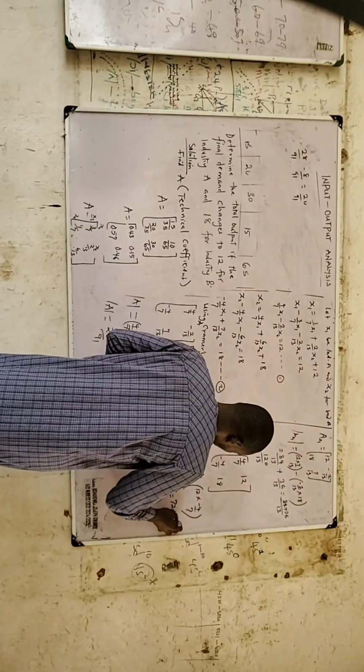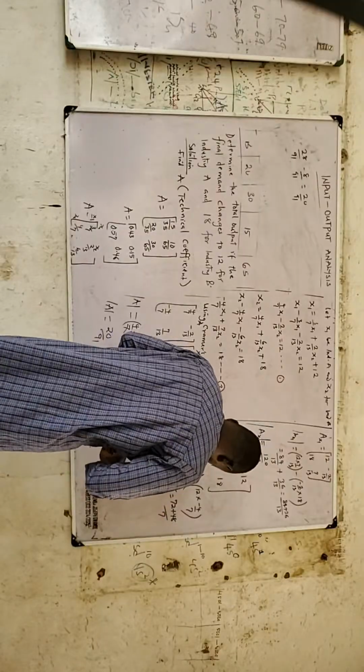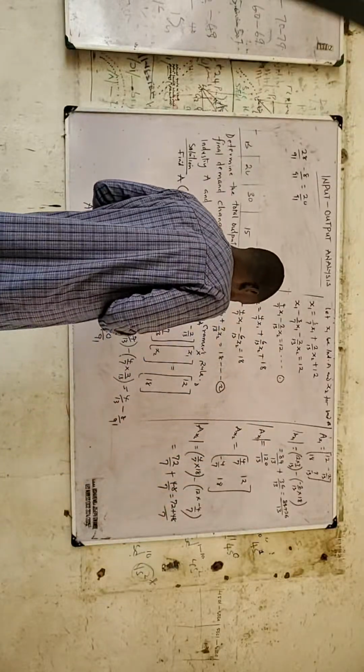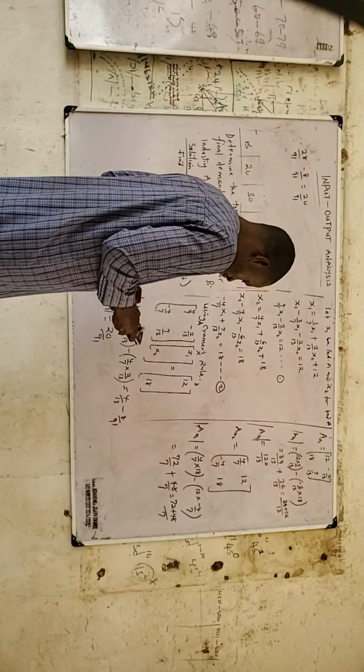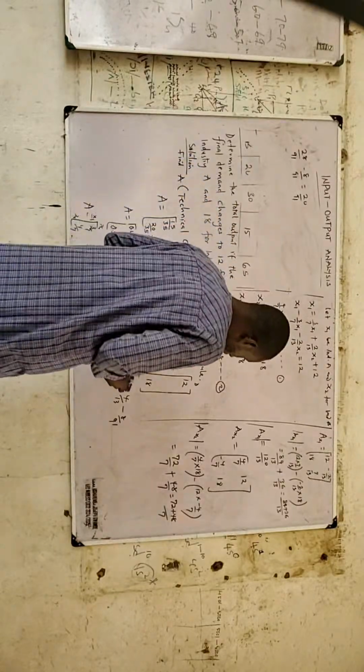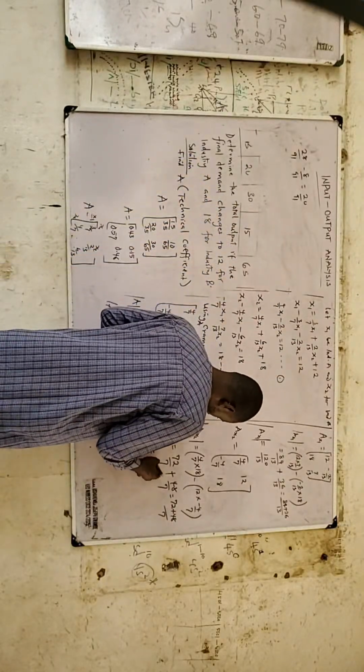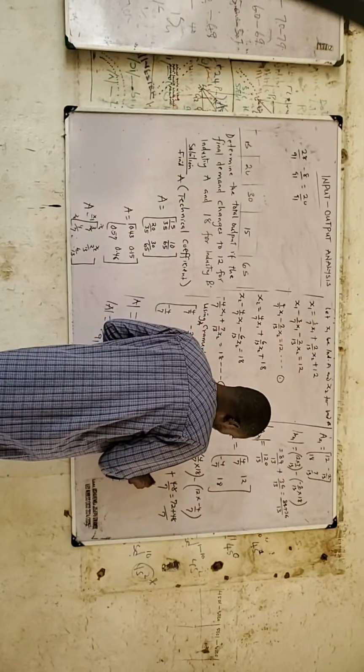That is 72 plus 48 divided by 7, which is 120 over 7.